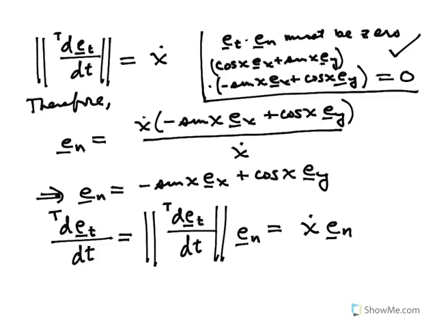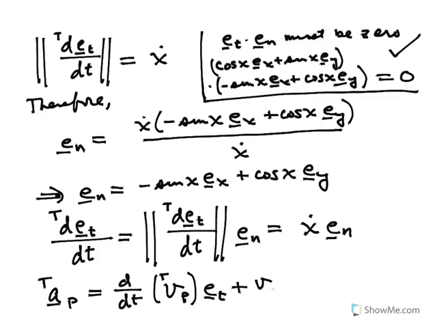The acceleration of point P as viewed by an observer fixed to the track is equal to the rate of change of the speed relative to the track times the tangent vector plus the speed times x dot times En. Now we can substitute all of the expressions we had from before, especially the expression for the speed, because that's what we need in here.